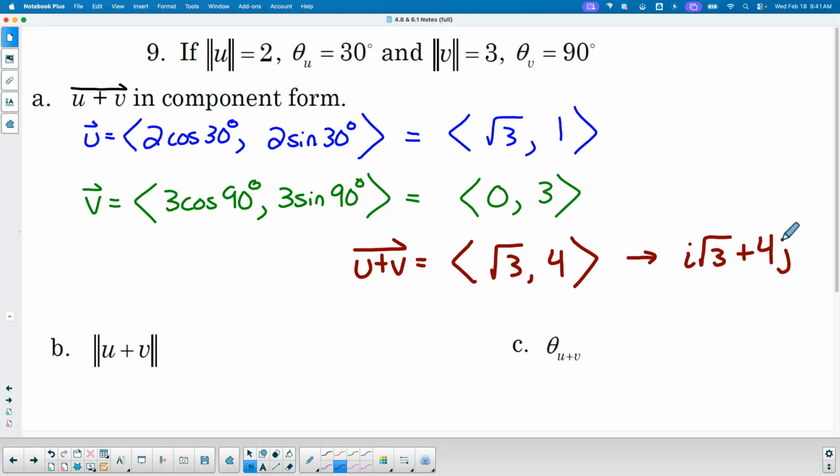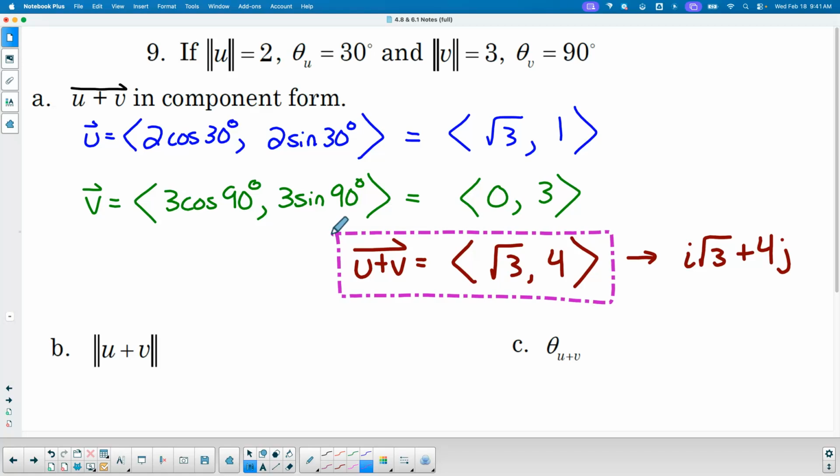But we only asked for it in component form. I just didn't want to totally go away from it right away. Yes, ma'am? Why do you have the square root of 3 behind the i? Because then it doesn't look like the i is inside the square root of 3. I always put my square roots last. With me?